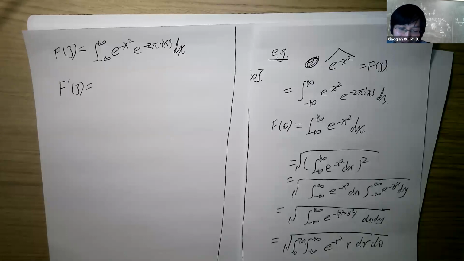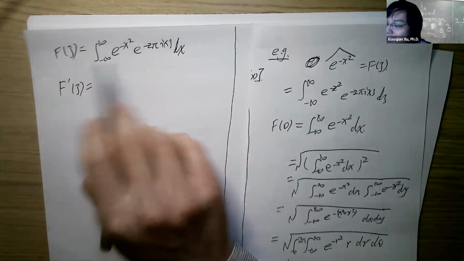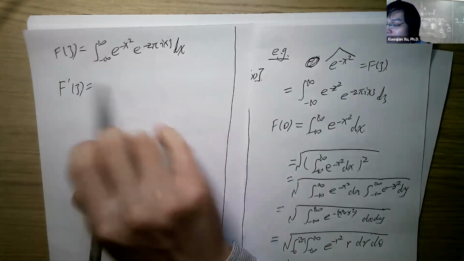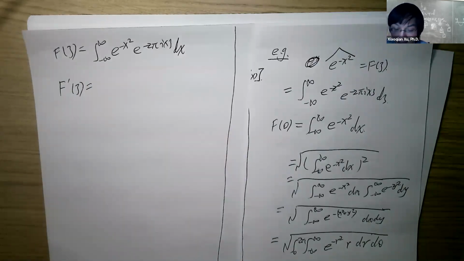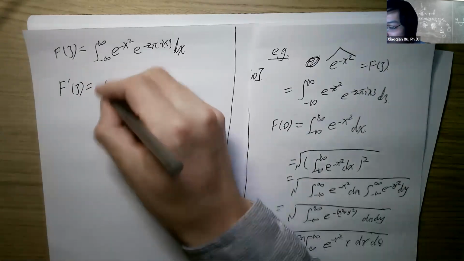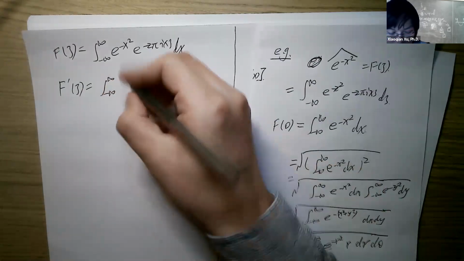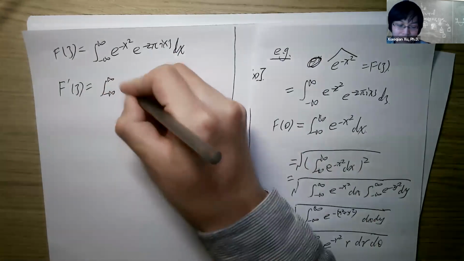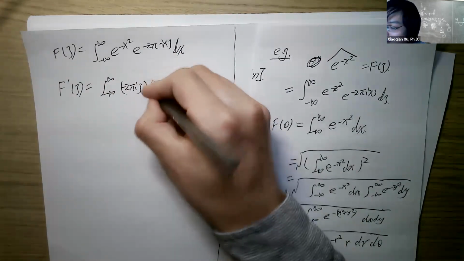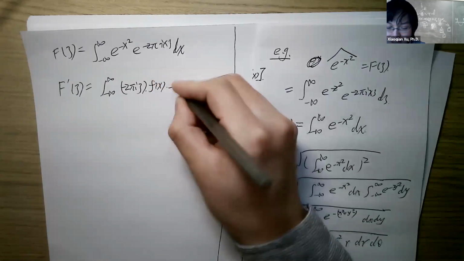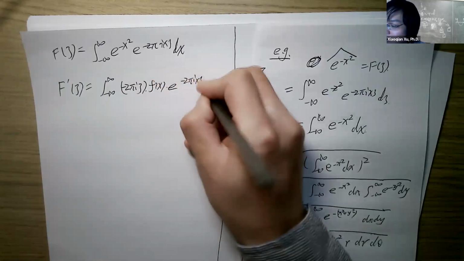If we take the derivative, intuitively, it must be the Fourier transform of a function, by our proposition, of minus 2πix times f(x) times e^(-2πixξ) dx.